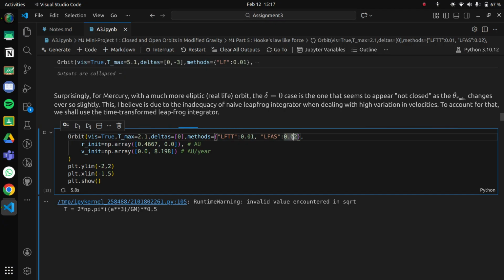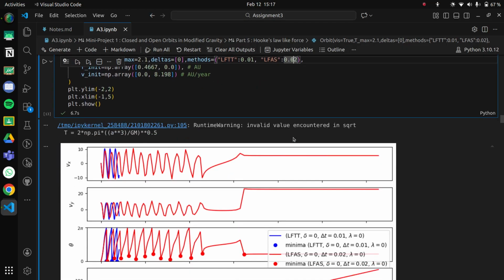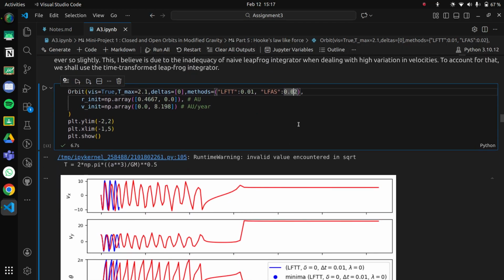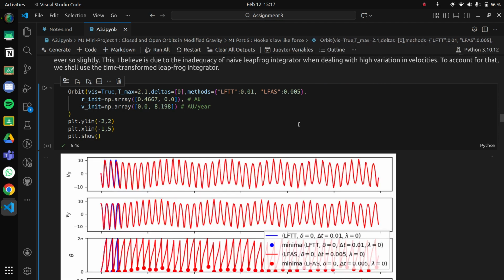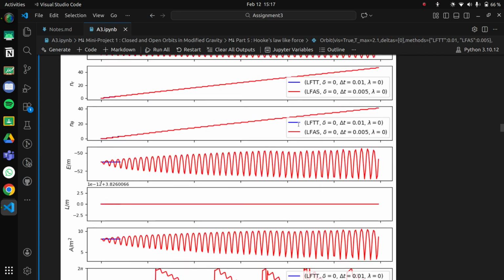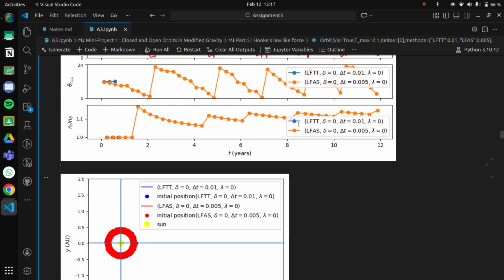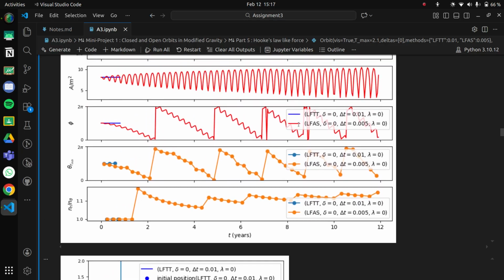Right, just let it run. Let's see. So maybe 0.005, I guess. Let's not try that. Come on, think about it. The leapfrog time transform, it doesn't go for a lot of time. It's less than 2 years.